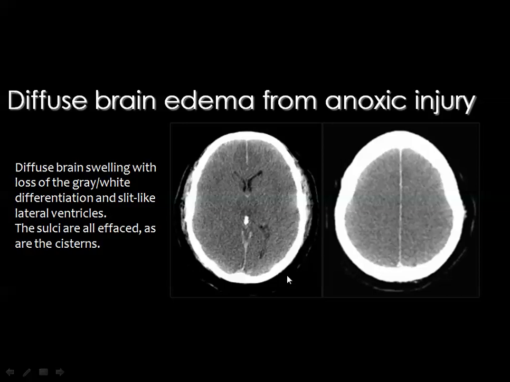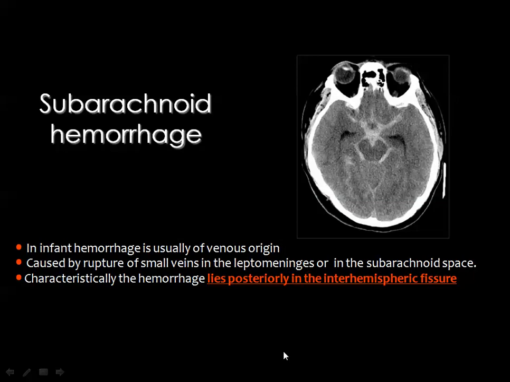But if the injury is persistent, then the edema will go into ischemia. And here you see diffuse hypodensity of both cerebral hemispheres, attenuation of the ventricles, loss of the gray-white matter interface bilaterally.